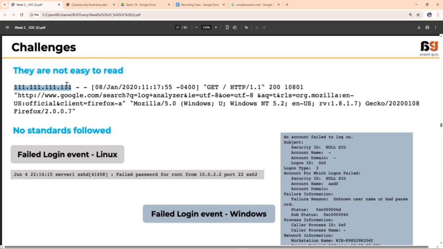So we are looking at a device that accessed Google, or we could say someone or a device, because this is an IP address, an address of someone who accessed Google at this date and time, and the log shows what the person searched for. He searched for log analyzers, and the log also shows that the person was using Mozilla Firefox.